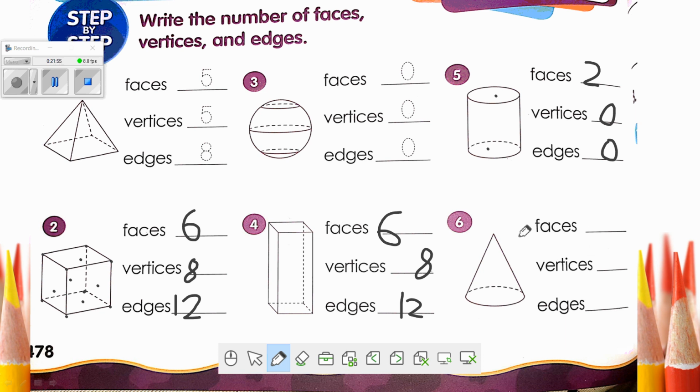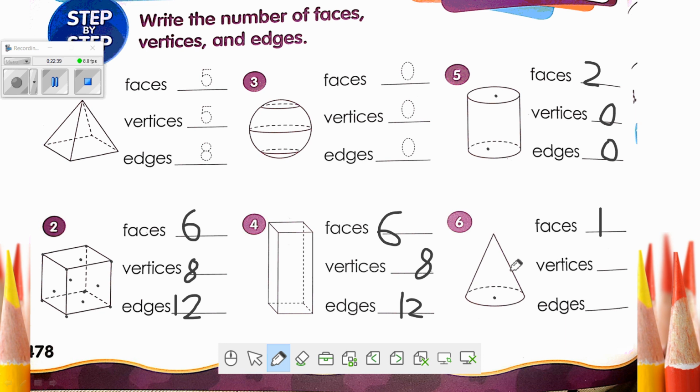The cone has 1 flat face. We can call the point a vertex. In grade 1, we said this is a vertex. But here in this book, they said the vertex is the point where 2, 3 or more edges meet.